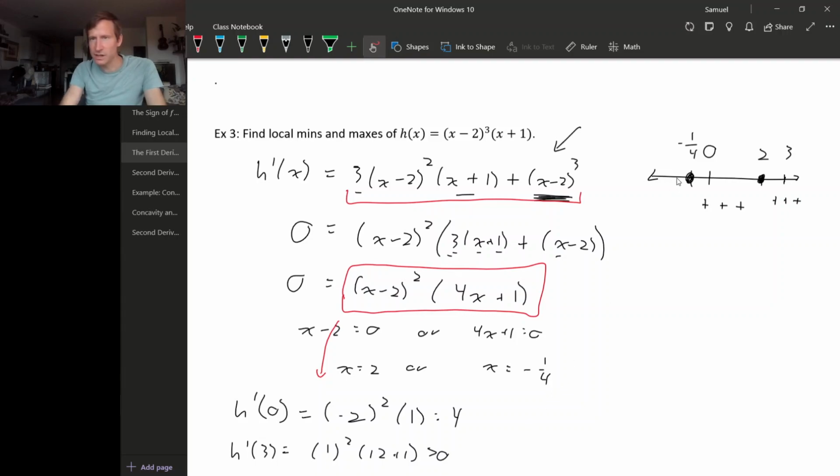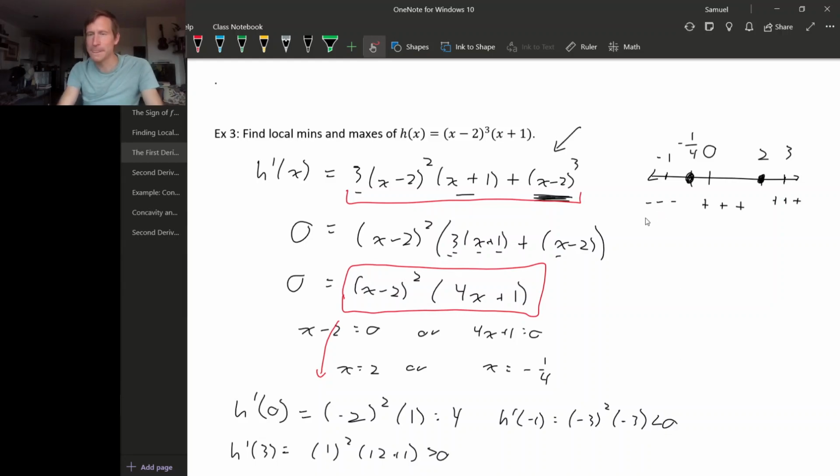And then finally, let's plug in, how about minus 1? So h prime of minus 1 is minus 1 minus 2 is minus 3 squared times 4 times minus 1 is minus 4 plus 1 is minus 3. So this whole mess is going to be negative.